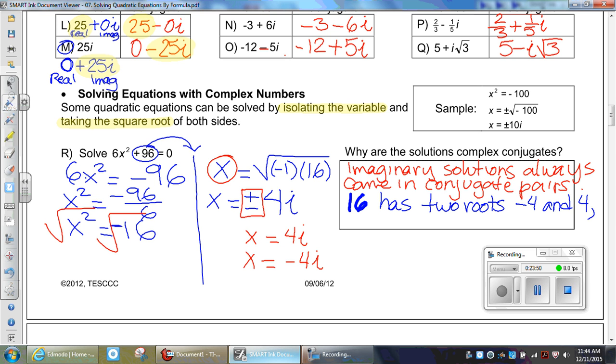To prove it, you could show that 4 squared is 16, and -4 with a negative inside parentheses squared is also +16. All right. Any other question from here?